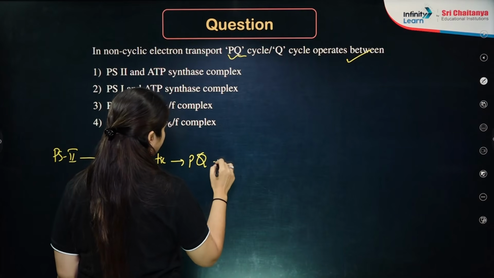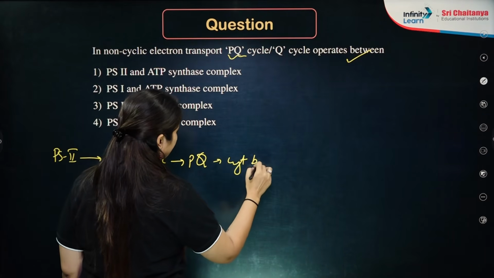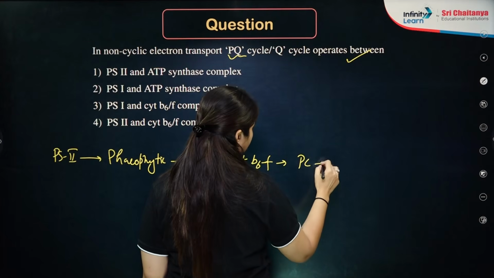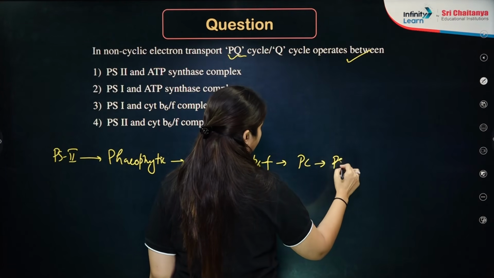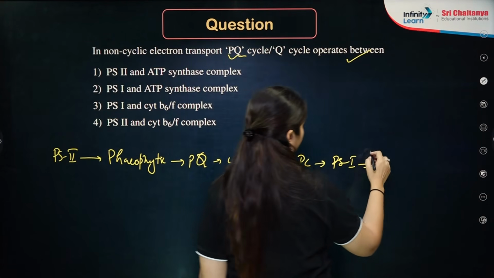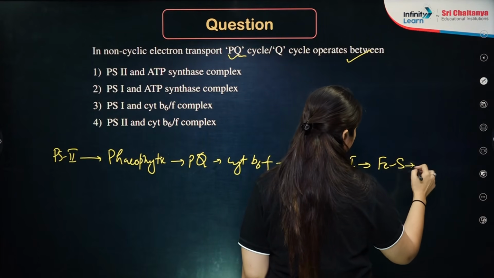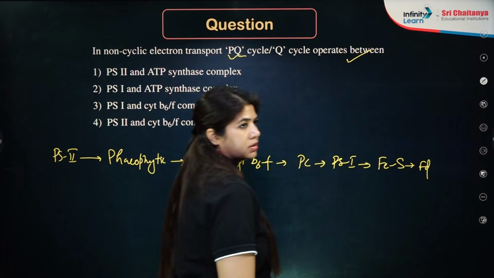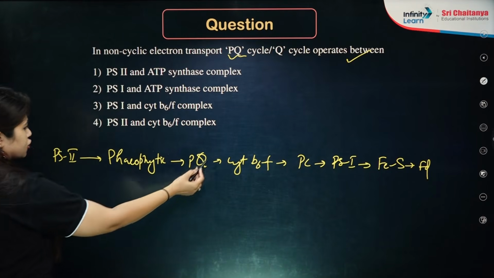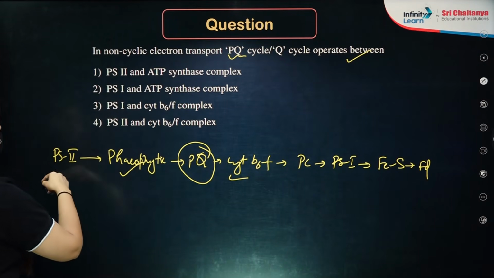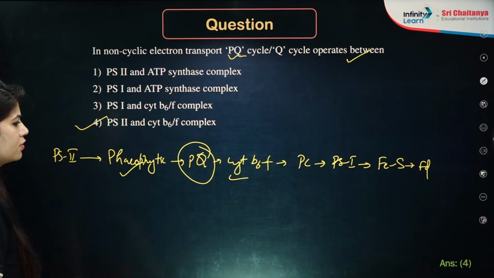Then we have plastoquinone, cytochrome b6f, then plastocyanin, then photosystem 1, then iron sulfur, ferredoxin. So plastoquinone operates between PS2 and the cytochrome b6f complex.